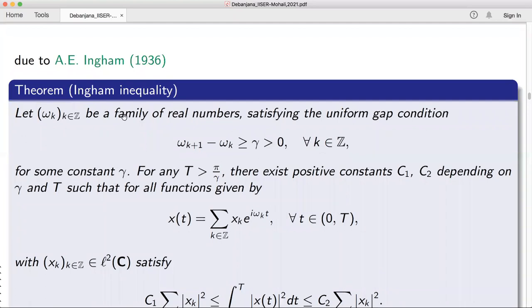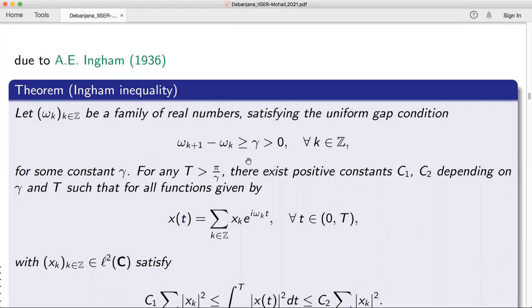Okay, so his claim is that if omega_k is a family of real numbers satisfying the uniform gap condition, say omega_{k+1} minus omega_k is greater than or equal to some gamma which is strictly greater than 0, for all k belonging to Z, so that consecutive exponents have this particular gap condition.